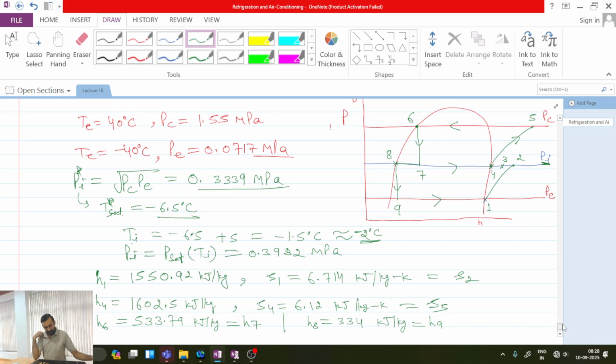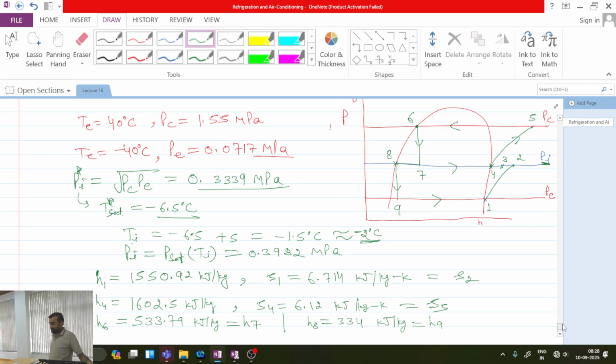Okay. So for state number 2, one value is my intermediate pressure, which is 0.3339 megapascals, and the second value is entropy, which is 6.714 kilojoule per kg Kelvin. If I can locate these 2 points, then I will be able to determine the value of enthalpy.